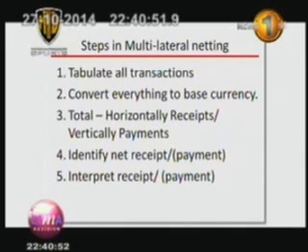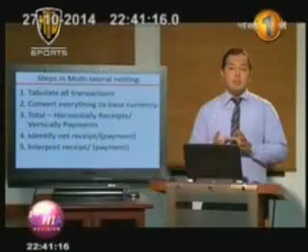It would specify what the base currency is. Normally, this would be the home currency of the parent organization. Then you will tabulate your payments vertically and your receipts horizontally. Then you would calculate your net payments or receipts, and then you can decide what the pattern of payments that need to be made is.